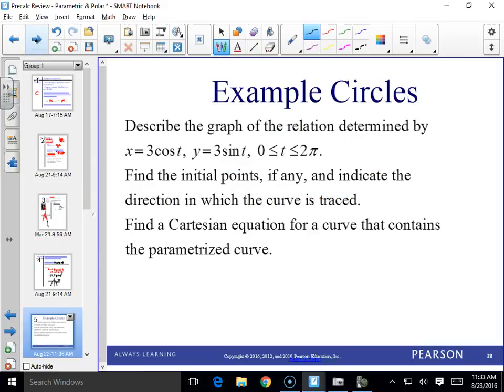Let's keep going. Example. Why is this a circle? Because there are trig functions. But not all trig functions make circles. Square it. Well, I guess because you can square it. Because I guess if you eliminate the parameter. How do you eliminate the parameter for functions with trig? Solve for t, x over 3, cosine inverse.